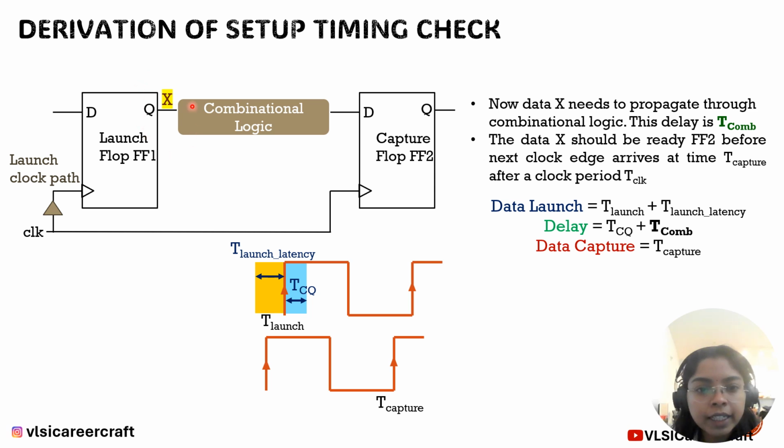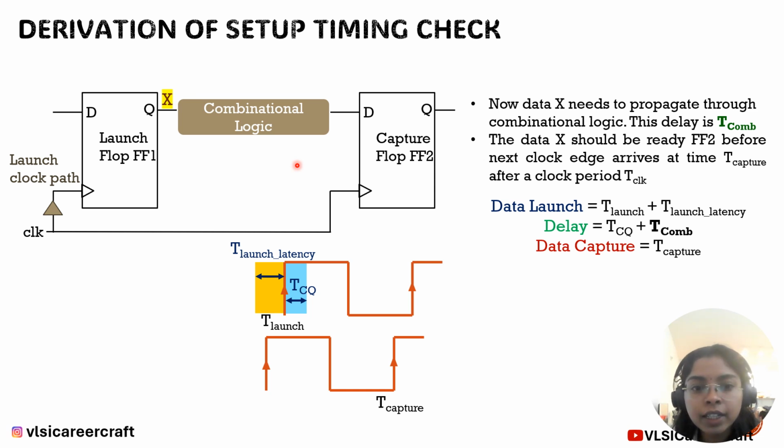Now, data is at the output of the launch flip-flop and it needs to travel through this combinational logic to reach the capture flip-flop. So what is combinational logic? It is nothing but the combination of all the logic gates, and each logic gate takes certain time to give the output because it charges or discharges, and we have the rise and fall times coming into picture.